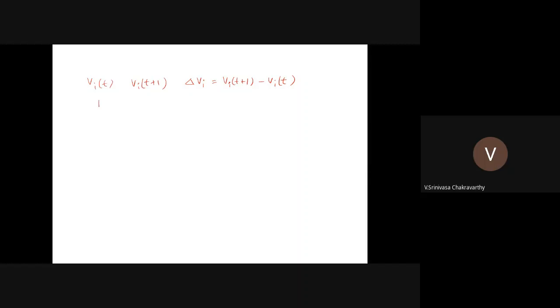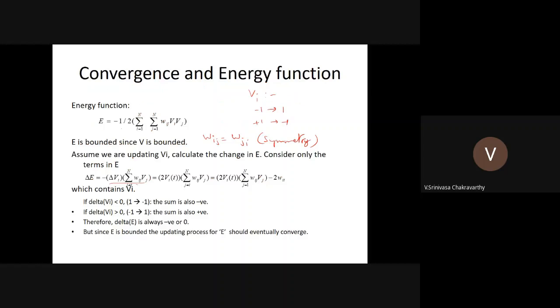If Vi at t is 1, Vi at t+1 is -1, so delta Vi is -1 -1, which is -2. If initially Vi at t is -1, then Vi at t+1 is 1, and delta Vi is +2. So delta Vi is equal to -2 of Vi at t, and that's what we are using in this equation. So minus of delta Vi is equal to 2 of Vi at t.